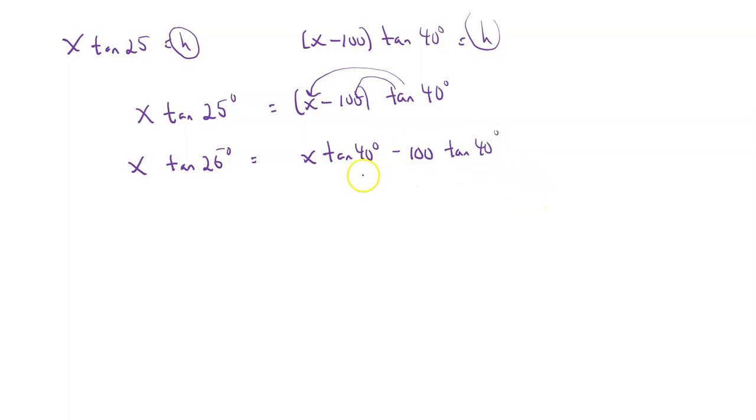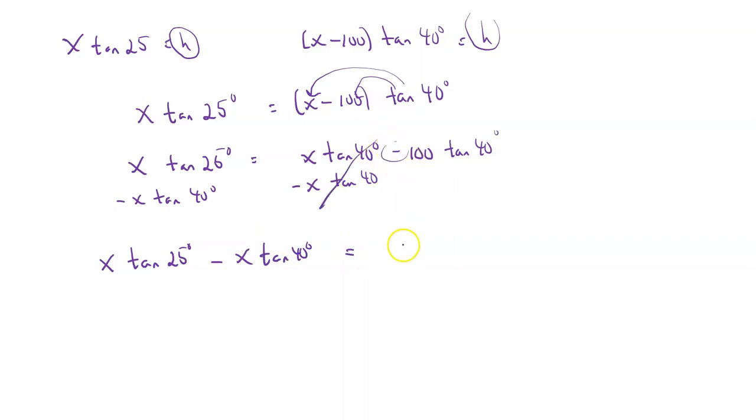And now, subtract that x tan 40 from both sides. So I'm going to subtract an x tan 40 over here, and an x tan 40 over there. So I get x tan of 25 degrees minus x times the tan of 40 degrees equals, on this side, don't lose that negative sign.